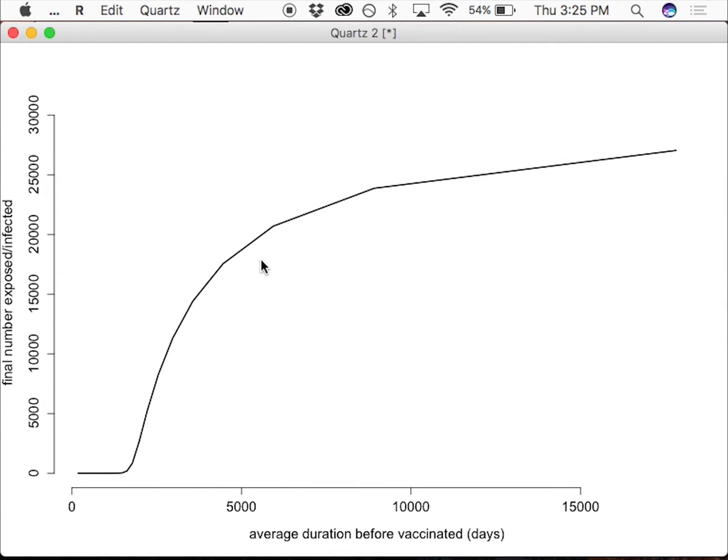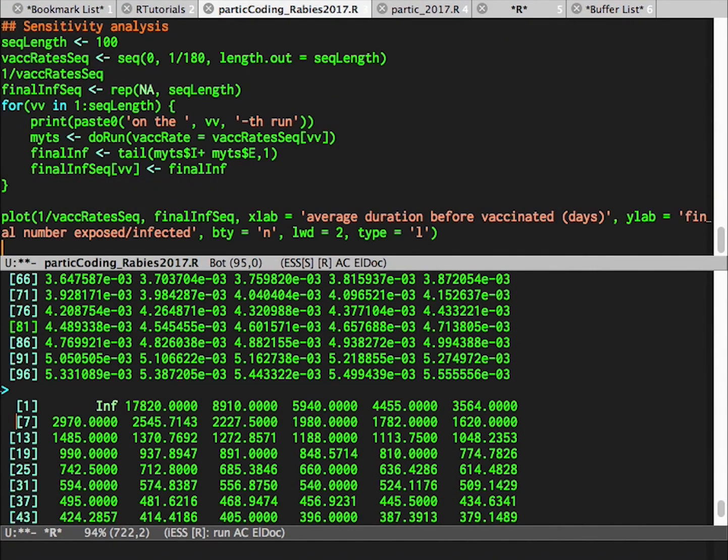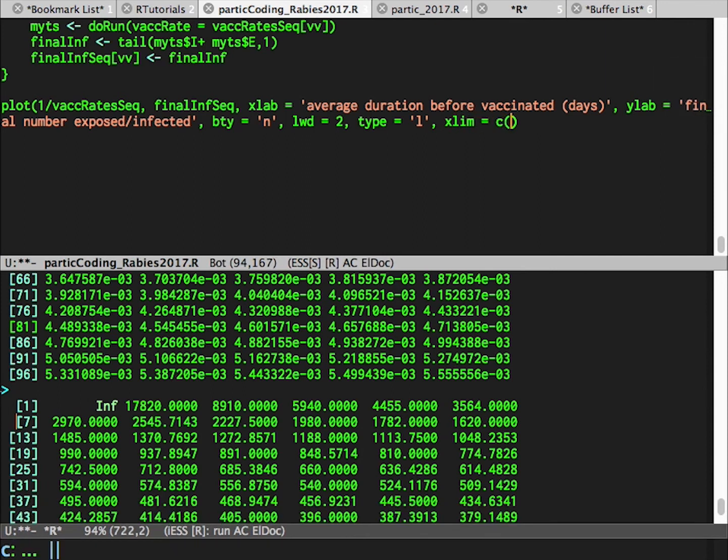So 180 was enough. I think this is still consistent. I think this is right. But Julie points out that maybe we want to reverse the direction of the x-axis to make it a little bit more intelligible. So let's go from like, what are we, 5,000.